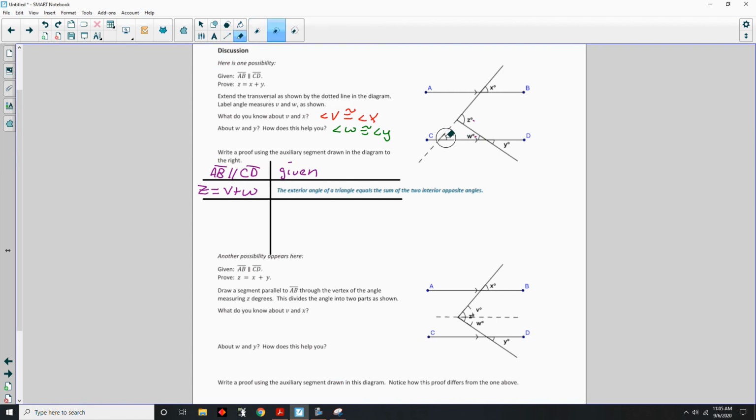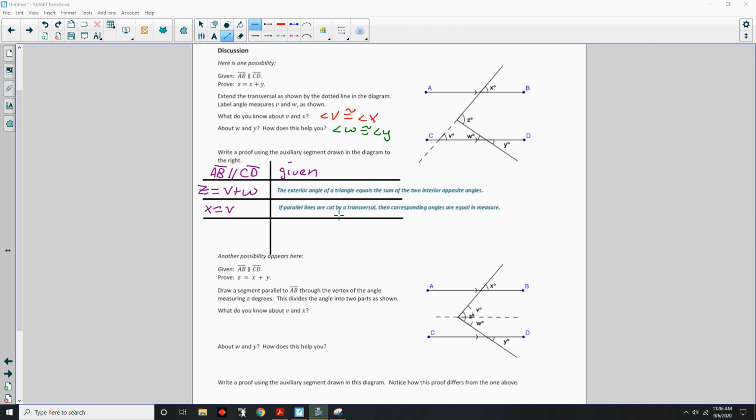Okay. Let me erase these dots. All right, so what next? We can now use this here, and we can say x equals v, or angle x equals angle v, and that is corresponding angles.